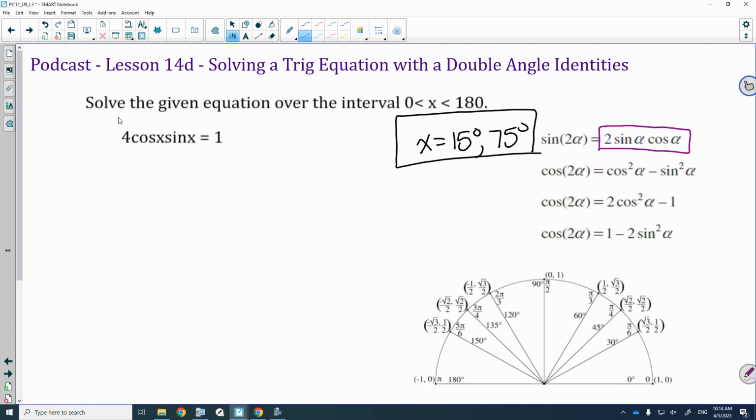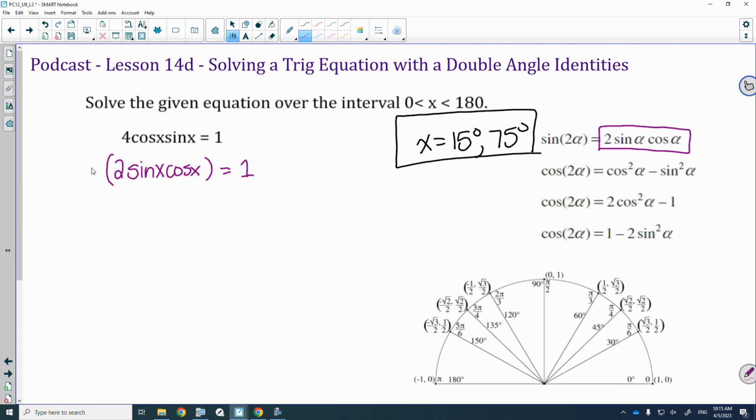So watch what we could do. I could rewrite this as, here's the identity, 2 sine x cos x. This guy's equal to 1. But if I need this to truly be a 4, what number am I going to put on the outside? 2.